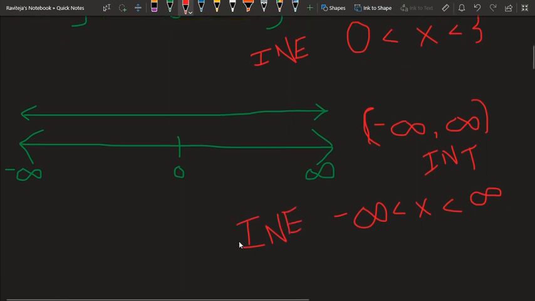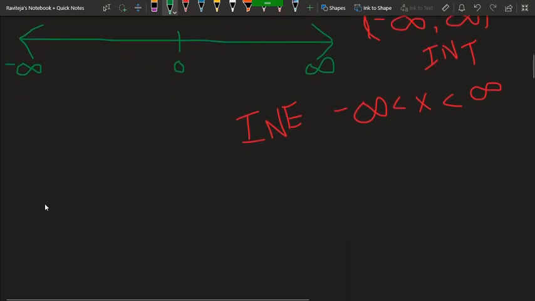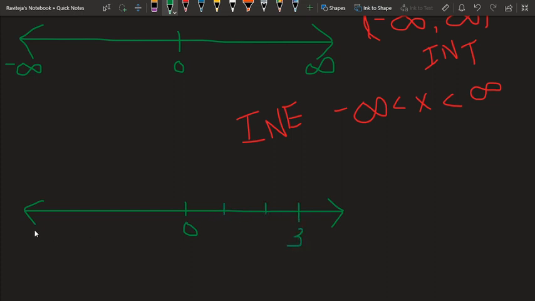Okay. Let's do one more number line example with the concept of infinity. We're going to have 0 here, but this time we'll just have 1, 2, and 3, and negative infinity on this side.